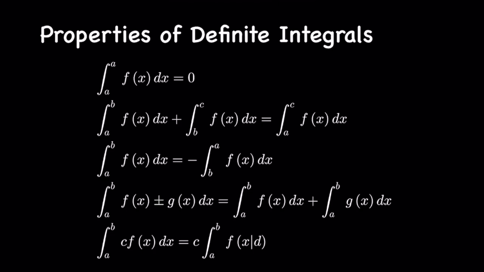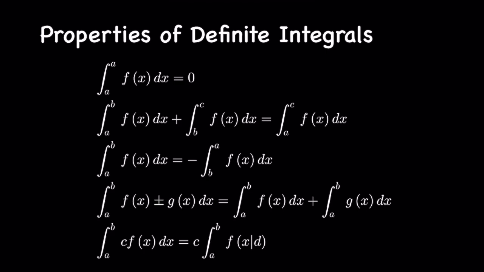The definite integral from a to b and then from b to c is the same as going from a to c, because you see these two numbers are the same. So you go from a to b and then b to c, so that will add up to the area from a to c. That's what you have in the right-hand side. We have already seen this in the examples that we saw earlier.